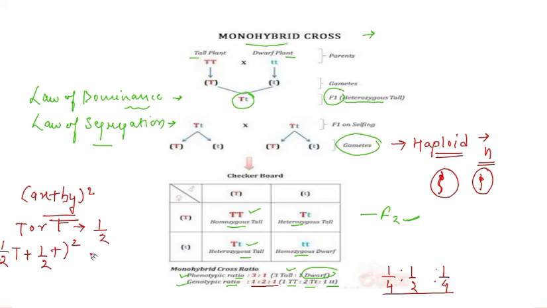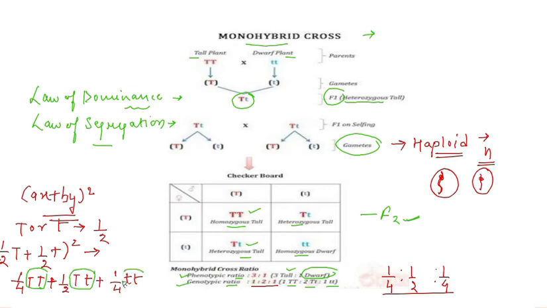And you can make here the square like this. And now if you solve this, you will get the same ratio, right? Interesting thing. You see, biology is being proven mathematically, right? So very interesting it is. Here the ratio of Mendel is proven mathematically as well.